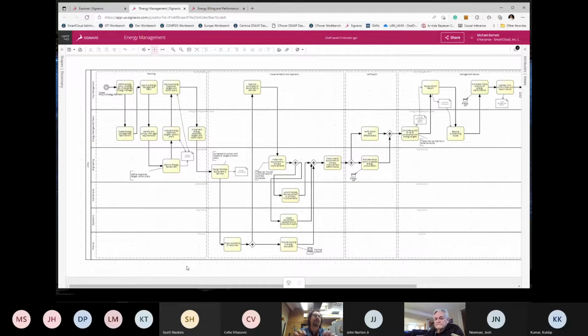I ultimately split mine apart because I had unsequenced events going on in my first iteration of my business process model. I had my monthly activity, but then I tried to put in these longer time series activities, and I had a hard time figuring out how to make those go together.